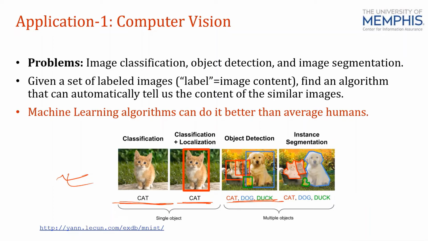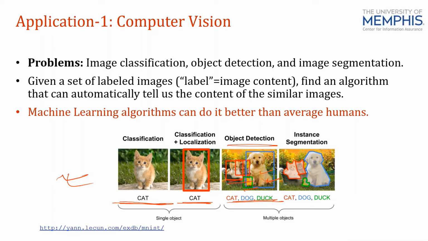One of them is a dog, two are cats, and one is a duck. So we encircled all the individual objects with rectangles. The red rectangles contain two cats, the blue rectangle contains one dog, and the green rectangle contains one duck. So we call this object detection.